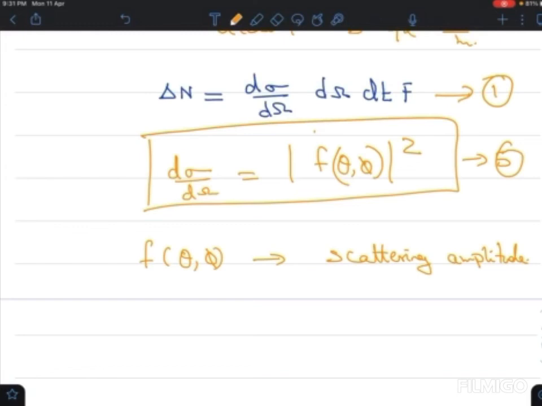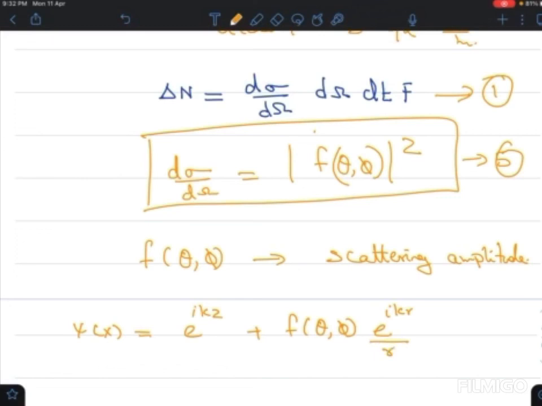So we can write psi of x is equal to e raised to ikz plus f theta phi e raised to ikr by r.